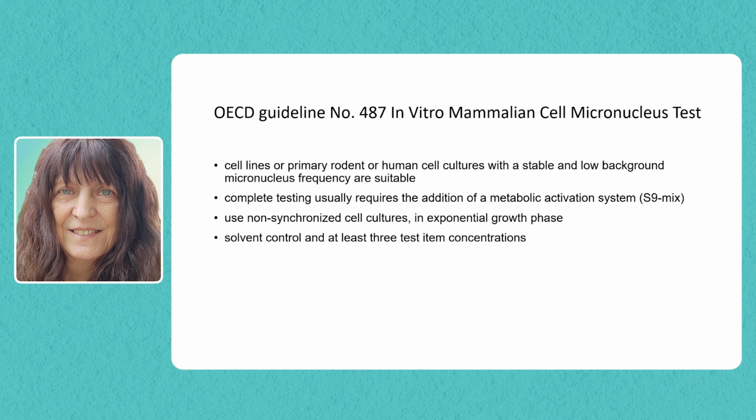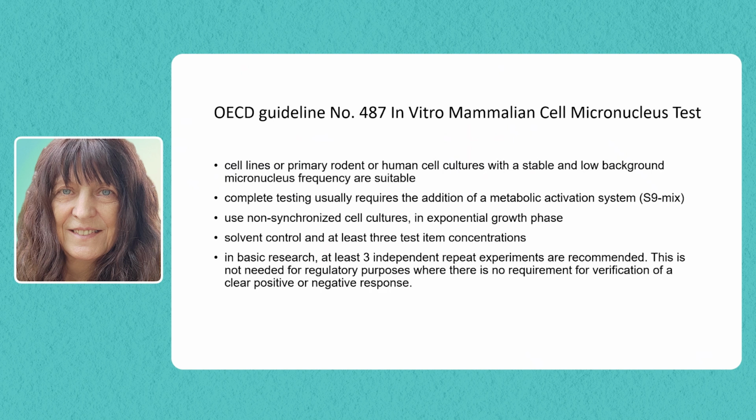And you need a solvent control, and you need at least 3 test item concentrations to have a good experiment. And usually when we do research at a university lab, we need at least 3 independent repeat experiments. Now, for admission of a compound for regulatory purposes, you do not need that. You have no requirement for verification of a clear positive or negative response.